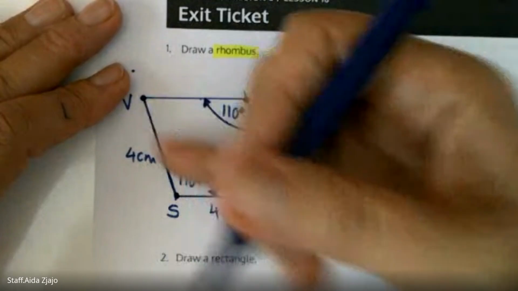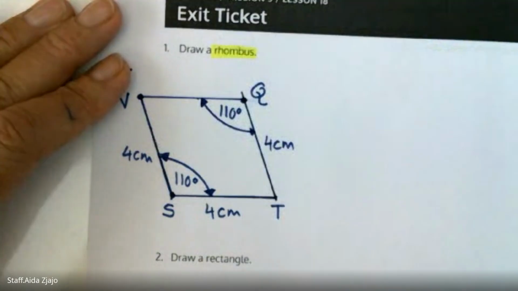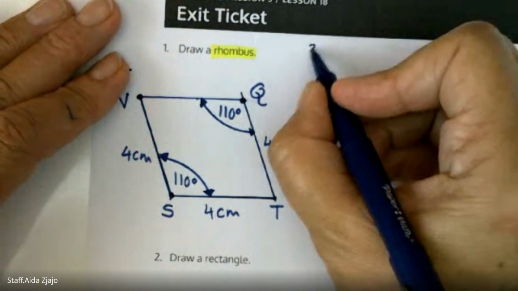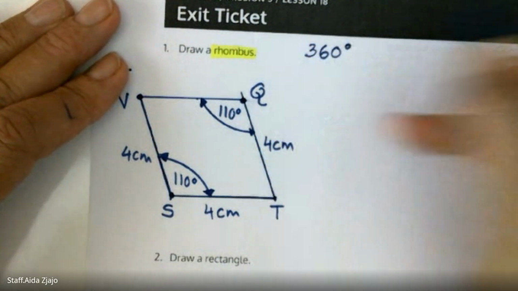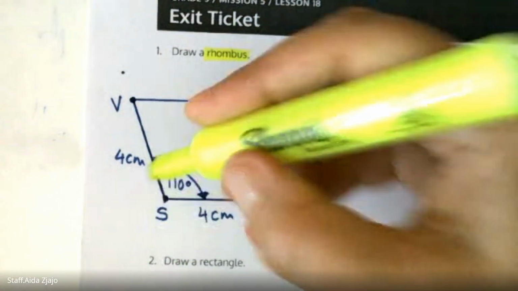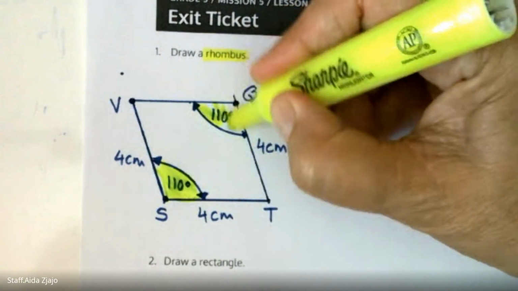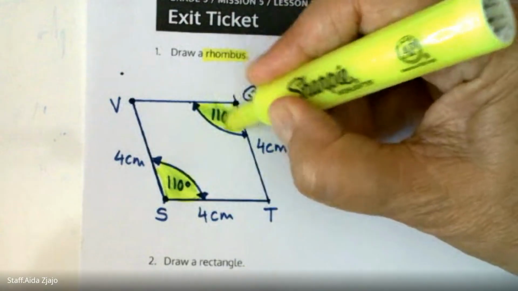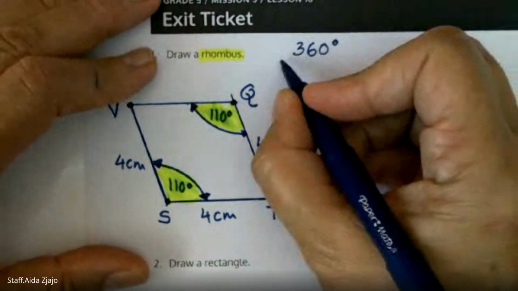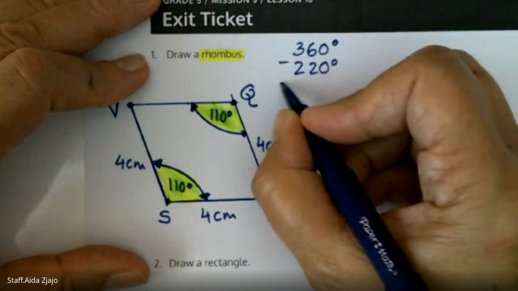So right now I can measure the other two, but there is also a rule to know all four quadrilateral interior angles. They need to add up to 360 degrees. I already know these two. That is 110 plus 110, that is 220. So I can say 360 minus 220.